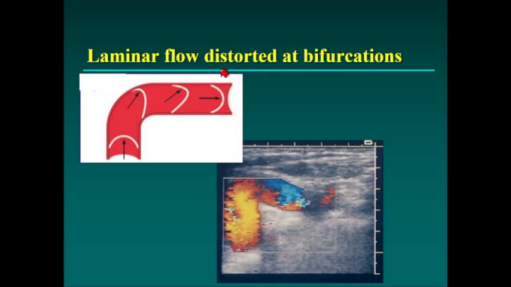So laminar flow is always distorted at bifurcation. So if you come here, and as it wraps around a tight curve, you will get the laminar flow right in that area. You can already see that the representation is non-parabolic.